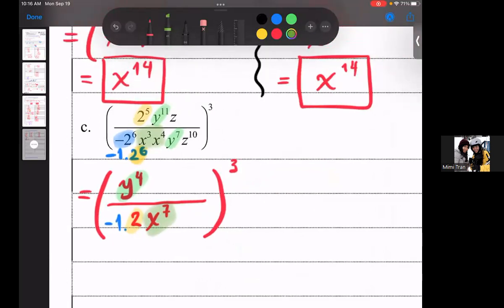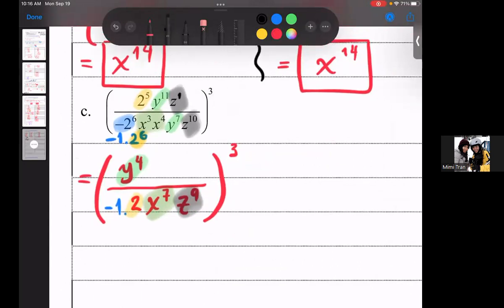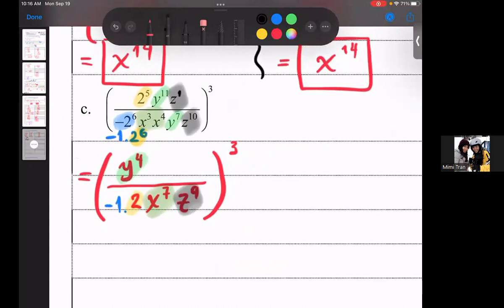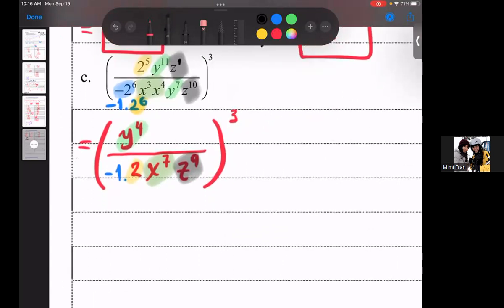Z. Yeah, thank you. Z to the 9. I do that so when you're home, you look at my note. And now you just distribute the 3.